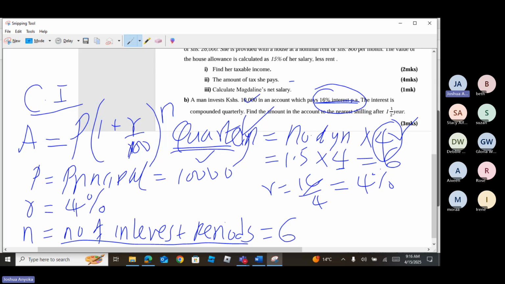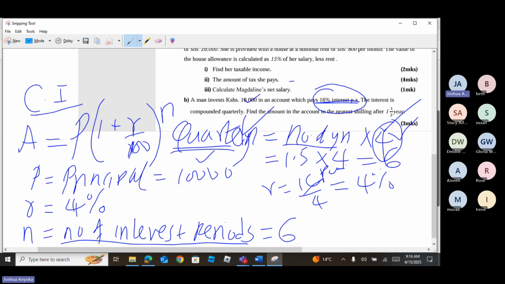If you are told that it is compounded semi-annually, the number of interest periods would be number of years times 2, and the rate will be rate per annum divided by 2. So we have to listen to the question.